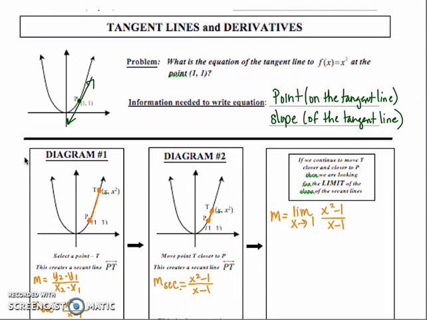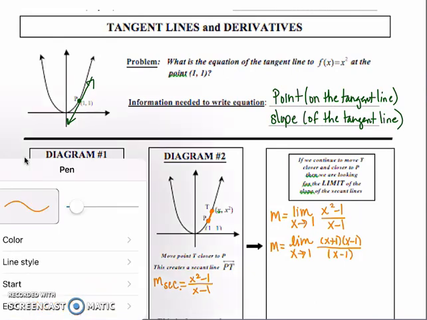Well, one thing that we know we have in our bag of tricks is factoring. And since we have a difference of squares in the numerator, I am going to factor that numerator. So again, our slope is going to be equal to the limit as x approaches 1 of x plus 1 times x minus 1 over x minus 1. And then you can see that our x minus 1s would now cancel out.